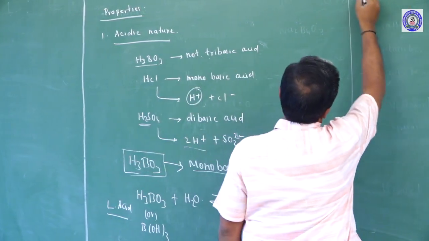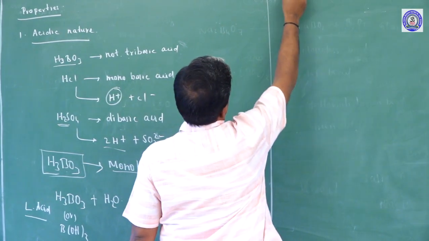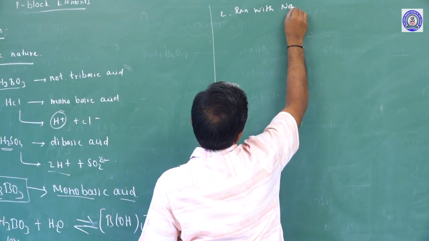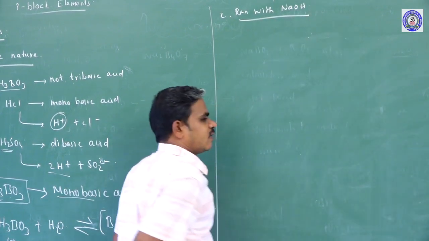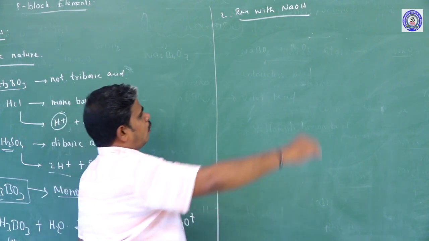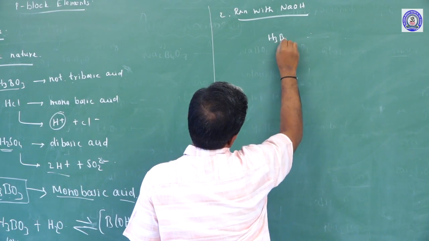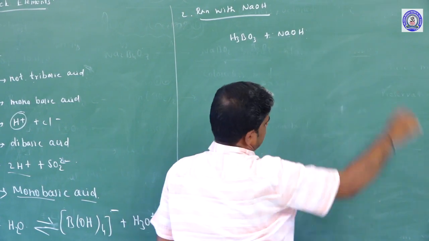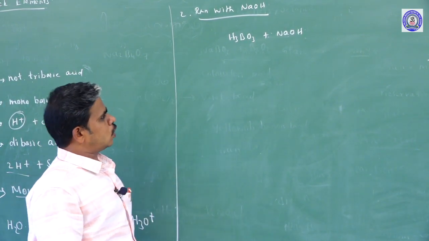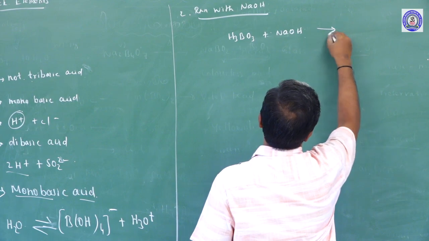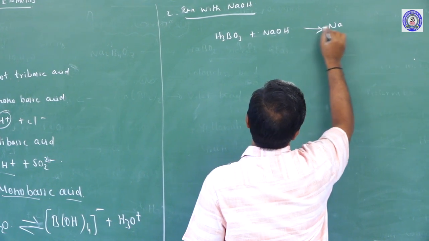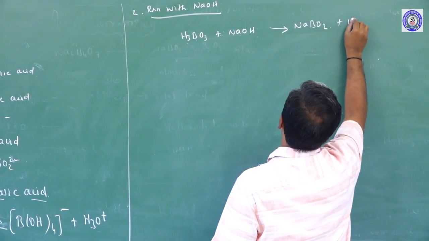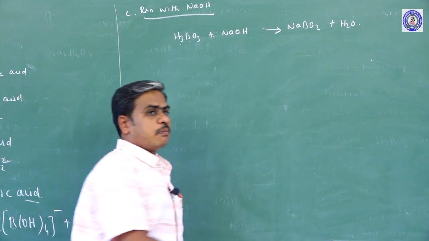And the second property, we take the reaction with sodium hydroxide or alkali. When boric acid is treated with 1 molecule of sodium hydroxide, it forms sodium metaborate, NaBO2, and water.